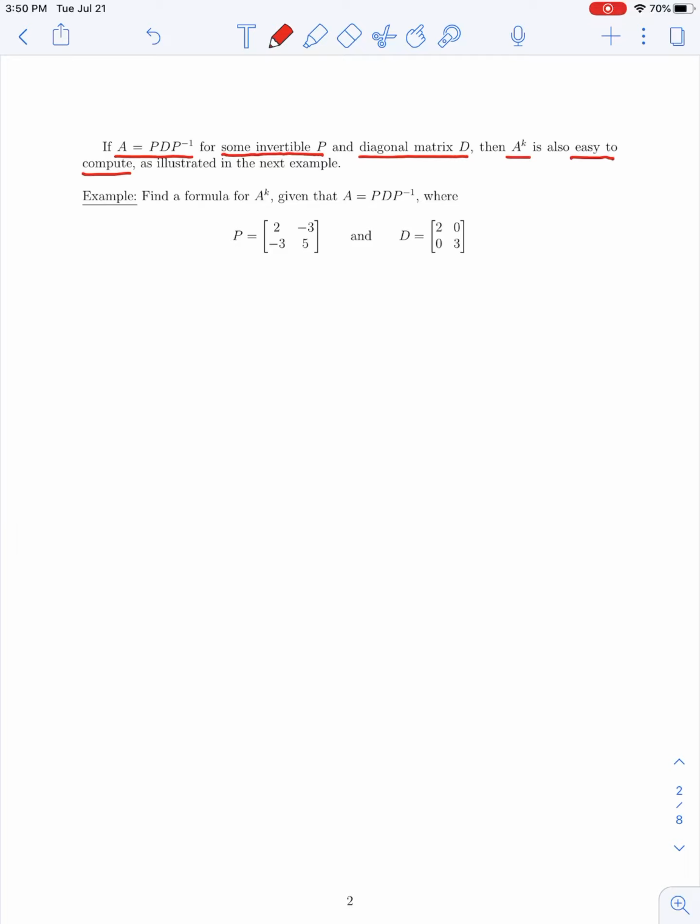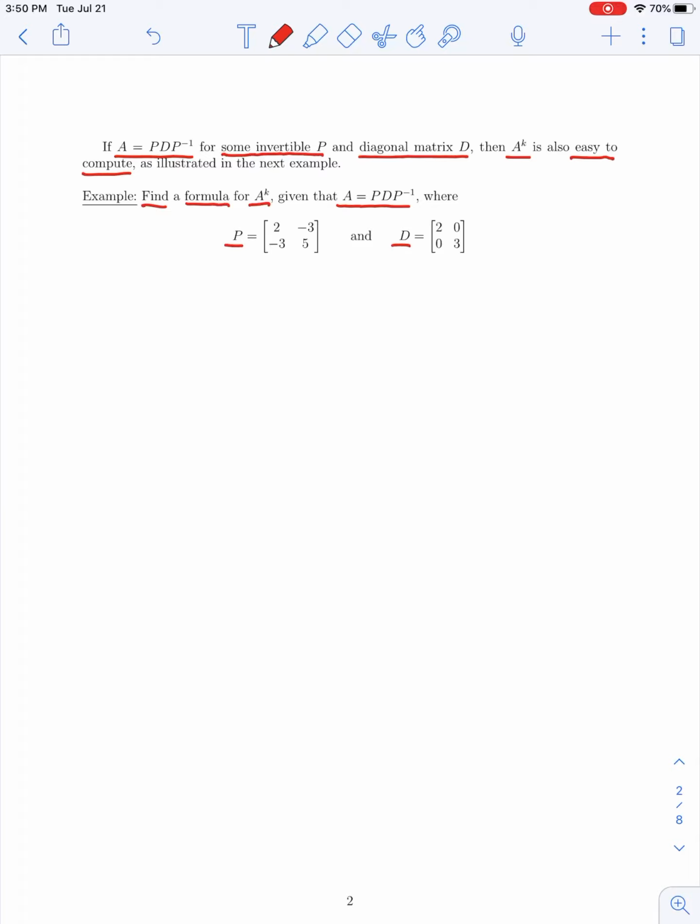Here we're told to find a formula for A to the kth power if we are given that A can be written as the product of P, D, and P inverse, where P and D are the 2x2 matrices given here.